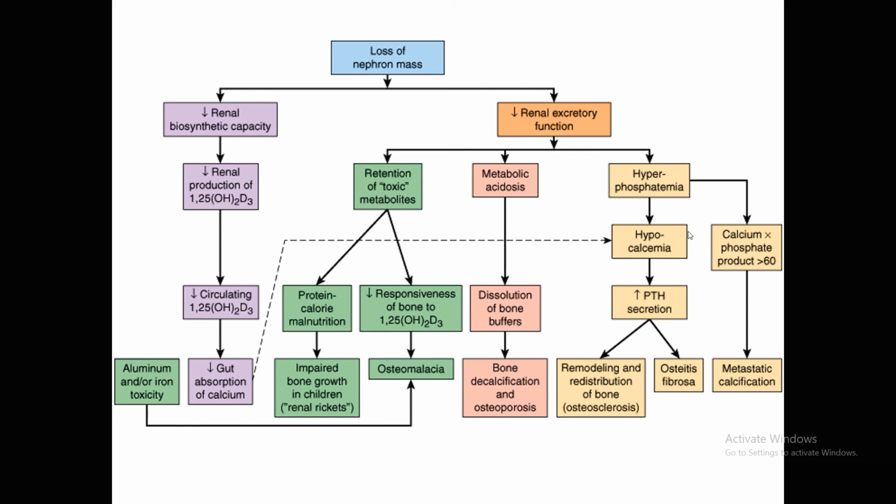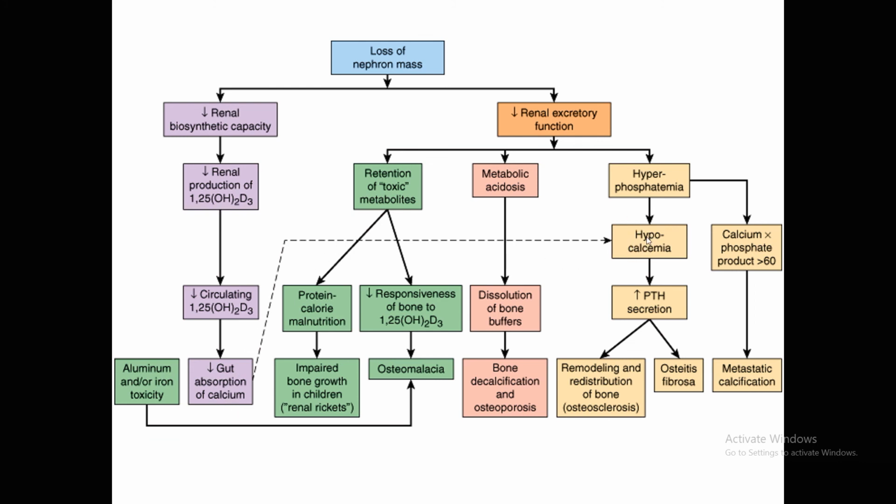This slide illustrates the consequences from the loss of nephron mass. First, the loss of nephrons will cause a decrease of the biosynthetic capacity of the kidneys, thus decreased production of vitamin D3 will be observed, with a decrease of its level and decreased gut absorption of calcium.